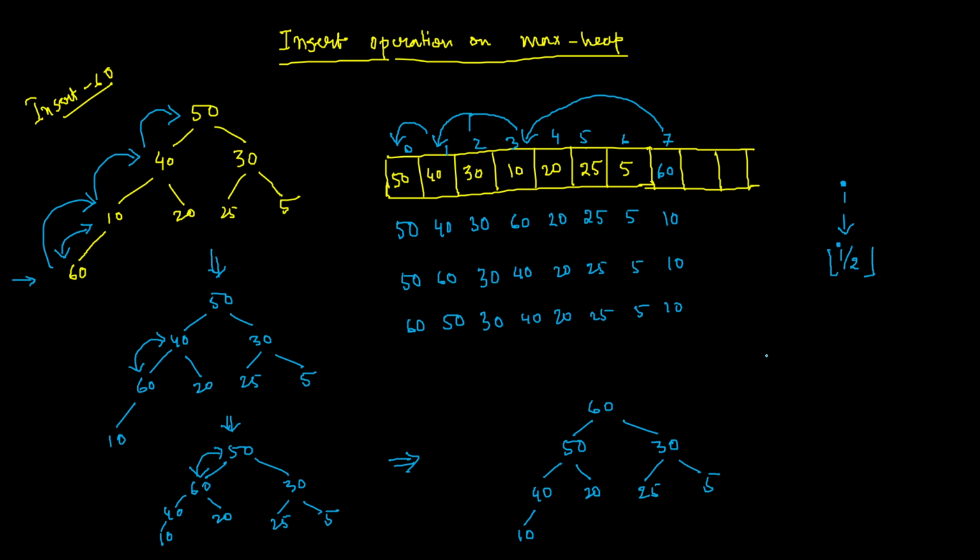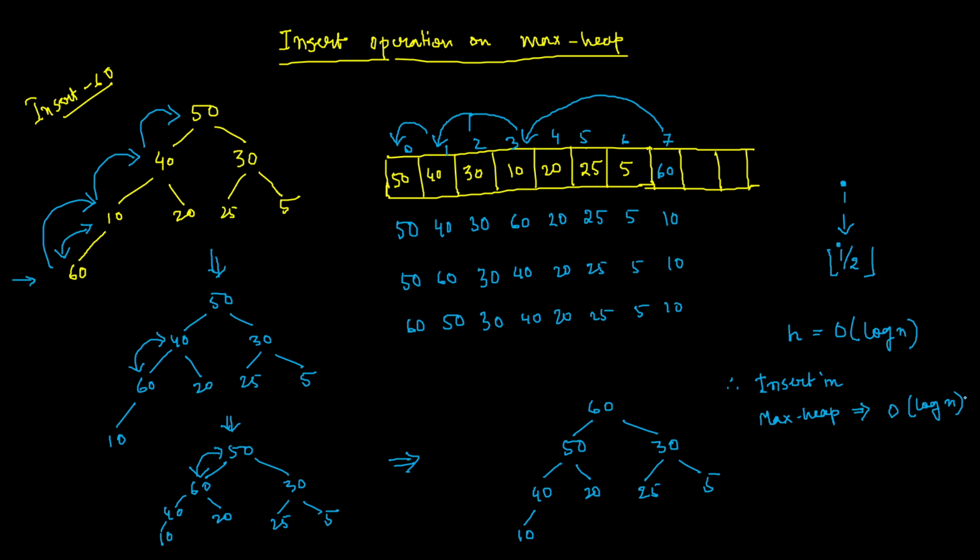And we know that the height of a tree is always in the order of log n. That means we can say that the insert operation in a max heap follows an order of log n. So this is the worst case scenario.